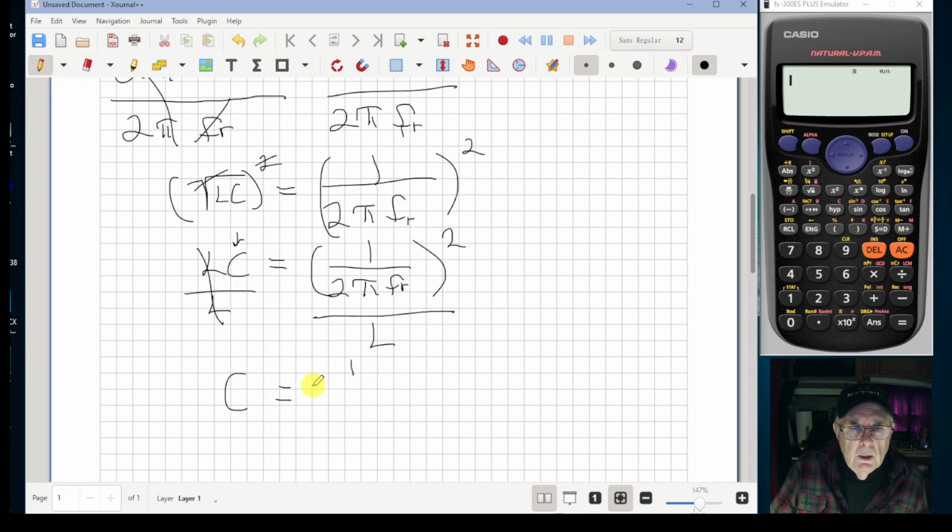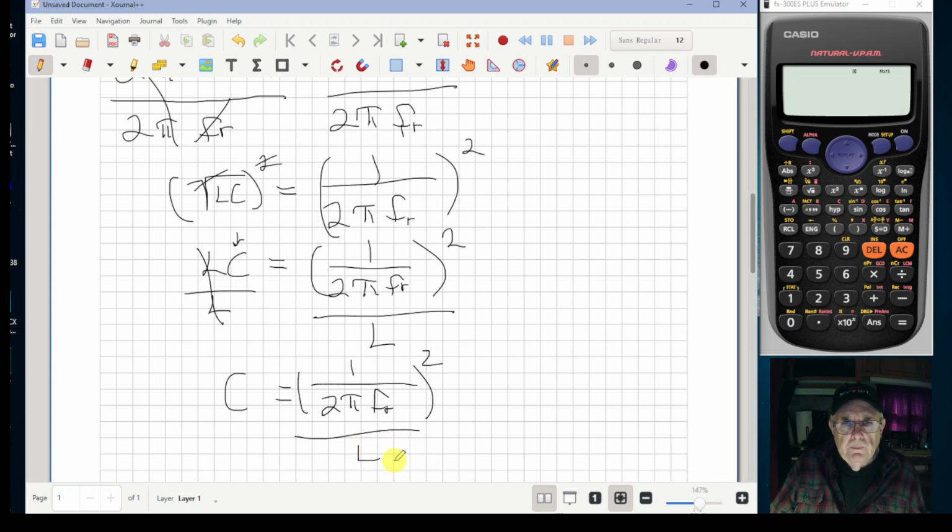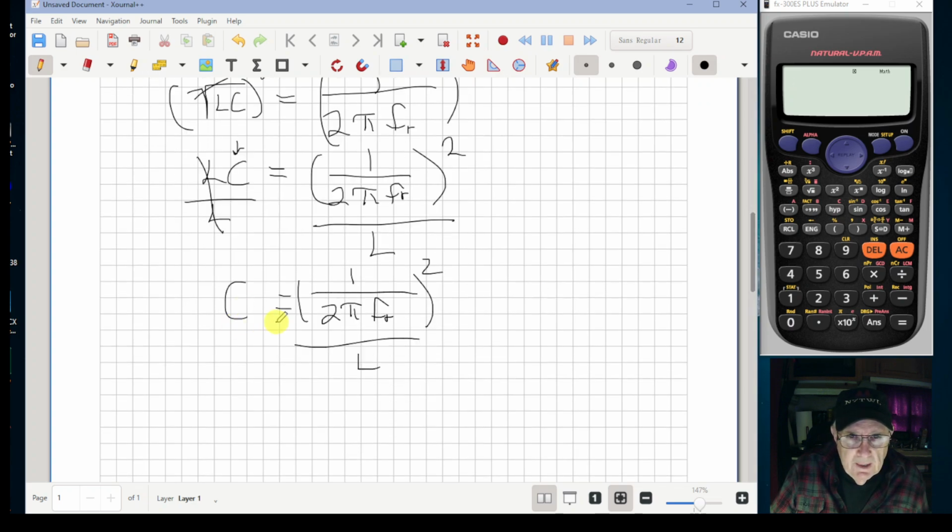C is equal to 1 over 2 pi resonant frequency, this quantity squared, and that's all over L. Now, we could simplify this compound fraction, but in order to do that, we need to get rid of this squaring first. But for all intents and purposes, this is a good answer.